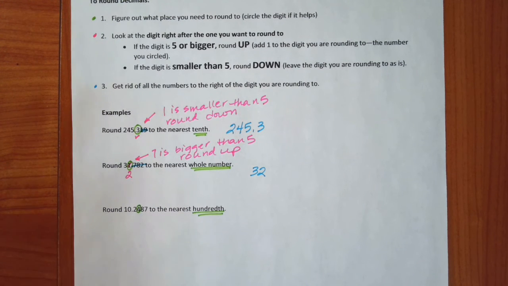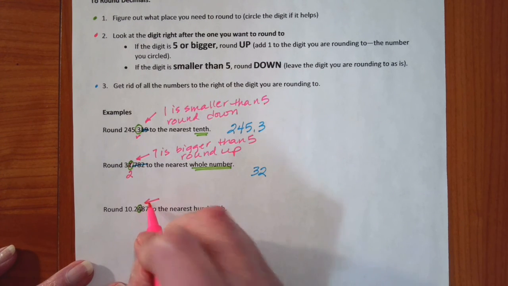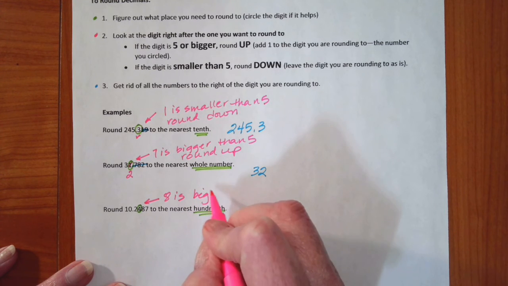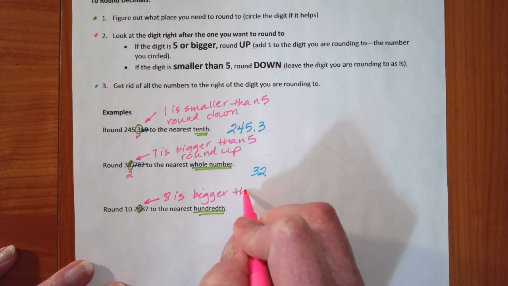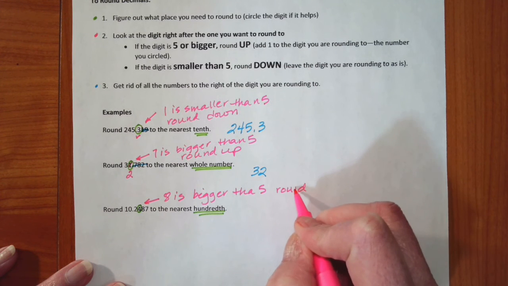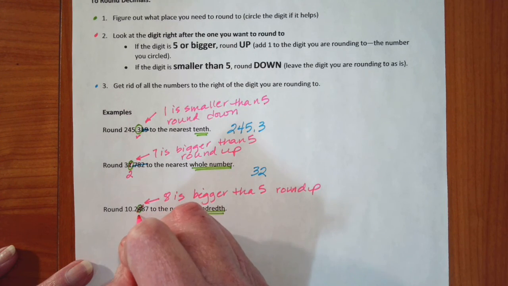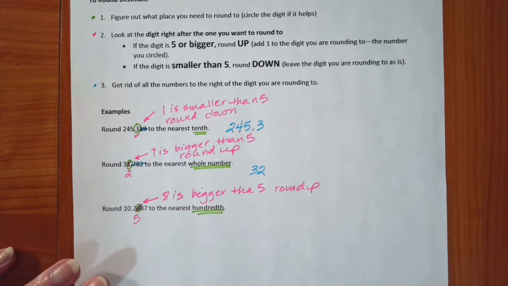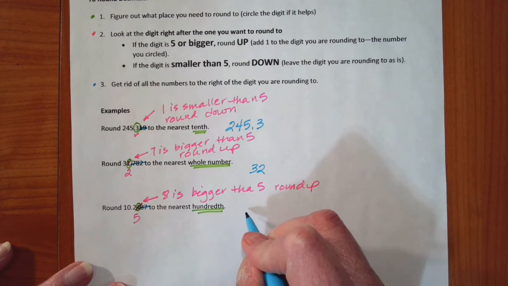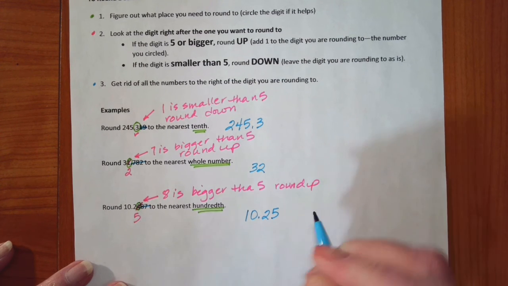That's what I may or may not change. 8 is bigger than 5, so I'm going to round up, which means the 4 becomes a 5. I get rid of everything to the right, so my answer is 10.25.